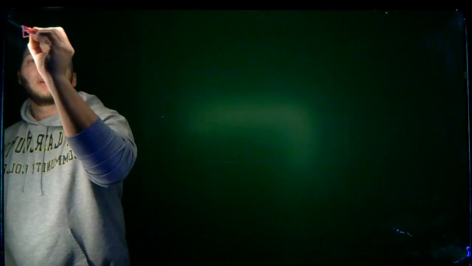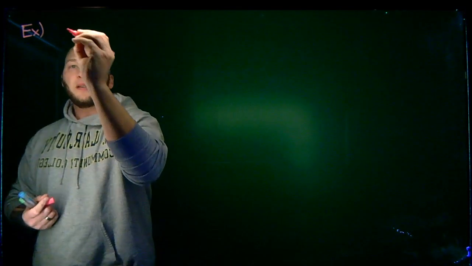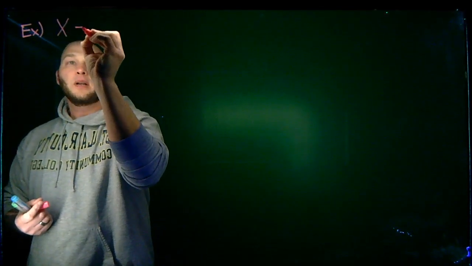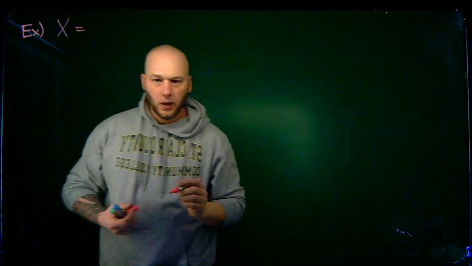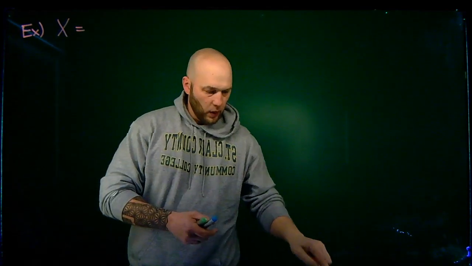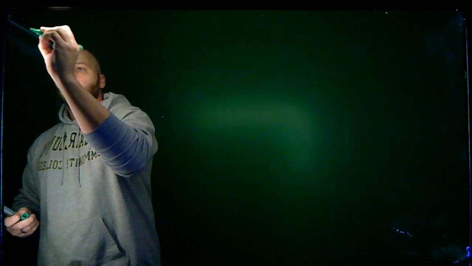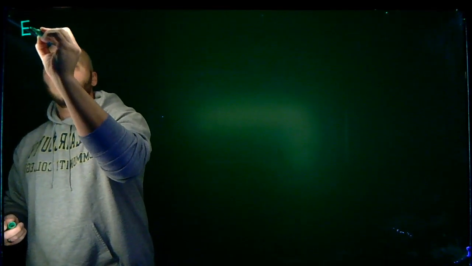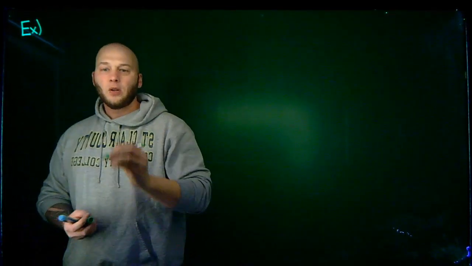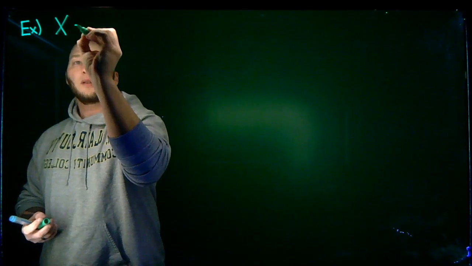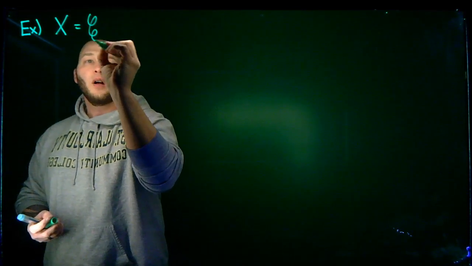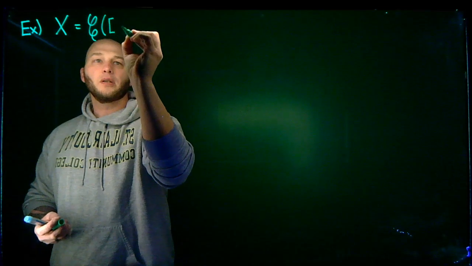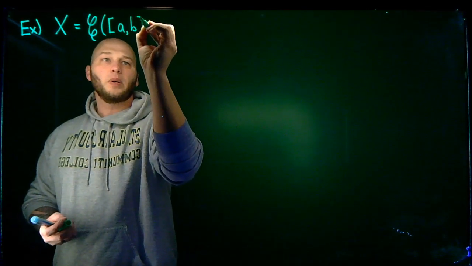Let's look at one last example. So for example, let's say the set X that I want to consider consists of all the continuous functions on the interval [a, b].